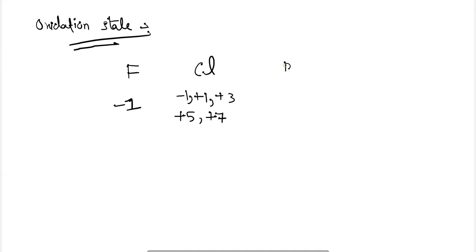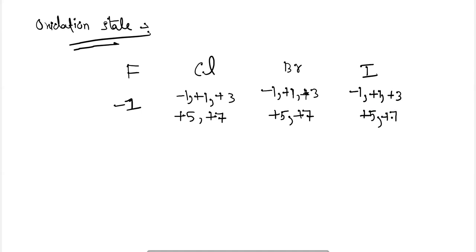Bromine can possess -1, +1, +3, +5, and +7, the same as chlorine. Iodine also the same: -1, +1, +3, +5, and +7. So these are the oxidation state trends for fluorine, chlorine, bromine, and iodine.